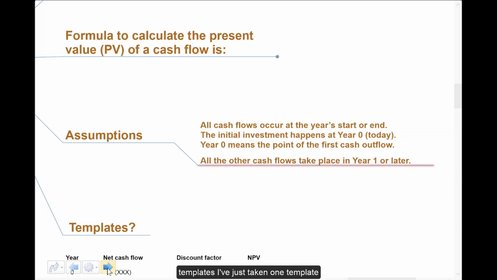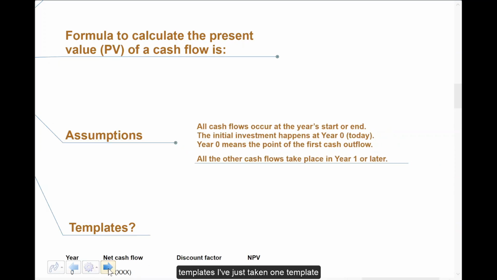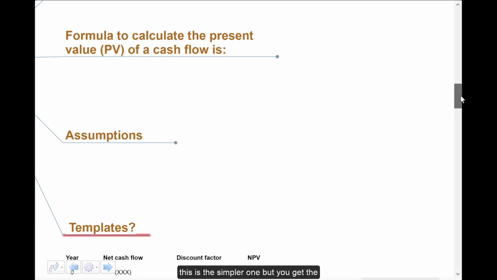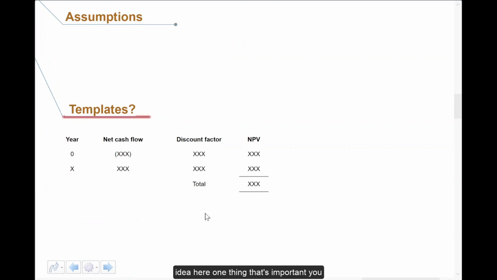Now, in terms of templates, I've just taken one template. This is the simpler one, but you get the idea here. One thing that's important, when you're laying out any investment appraisal calculation, and certainly NPV, is your formatting. The more neat, the more well presented you are, the easier it is, trust me on this, and indeed, if we're talking about a written exam, the easier it is for someone to follow it, i.e. a marker.